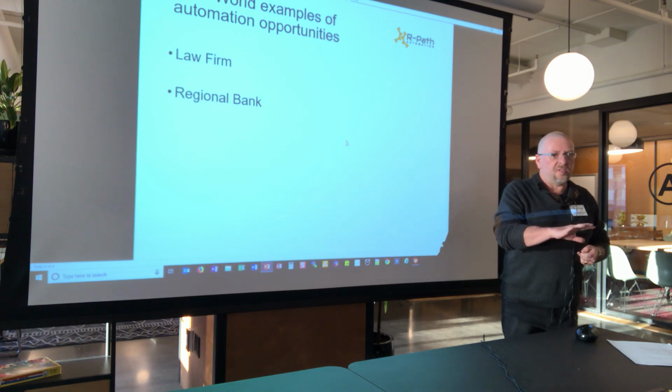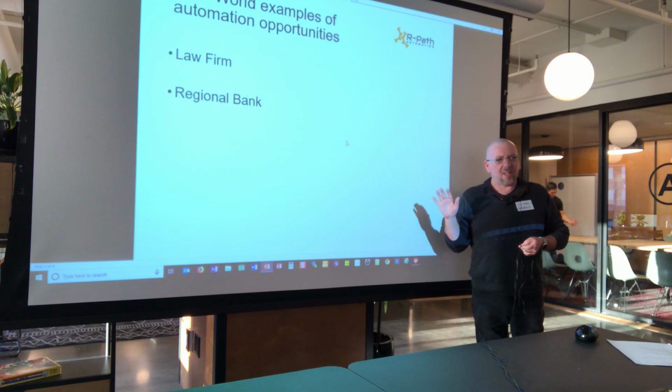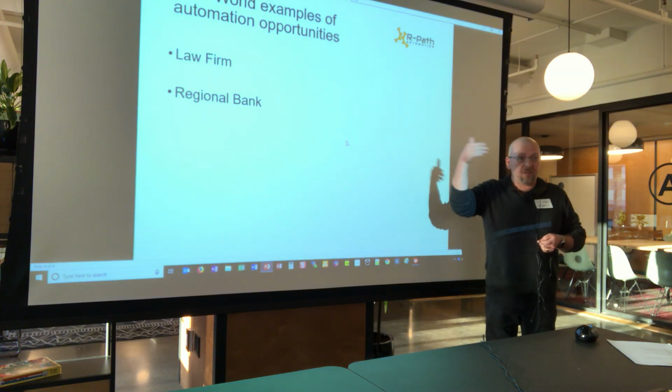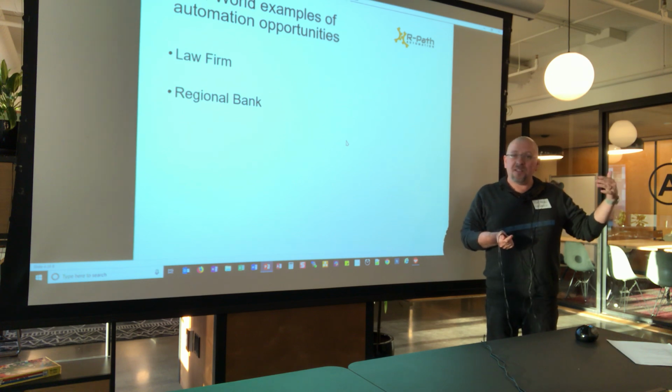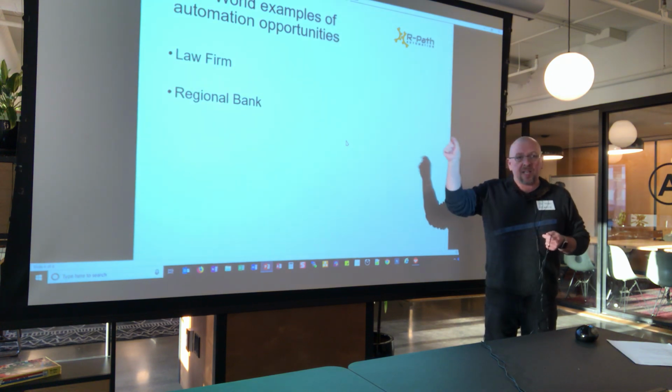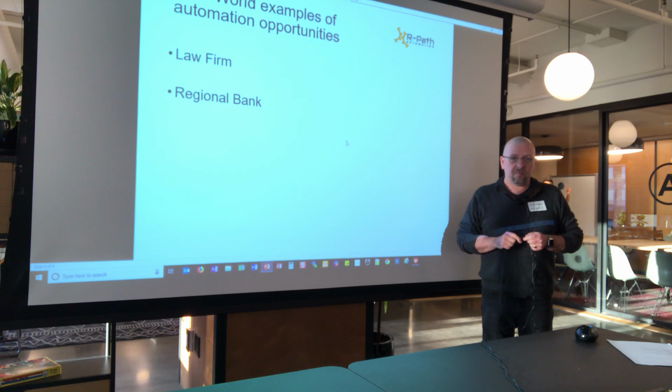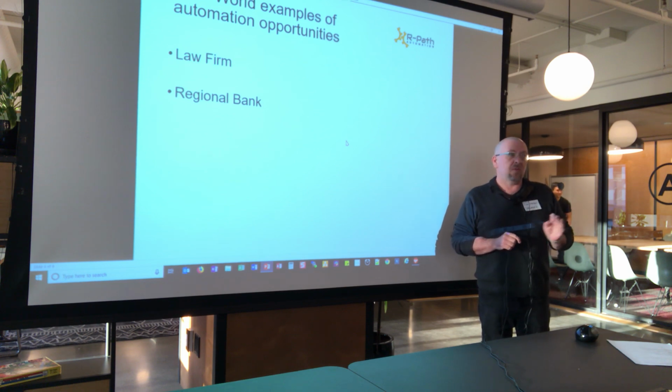Save those to their hard drive, to their network drive, go into their document management system, log into that, find the folder for the given patent, i.e. the client, and upload the document into the document management system. Totally manual process done every day that's 100% automatable with no questions asked.